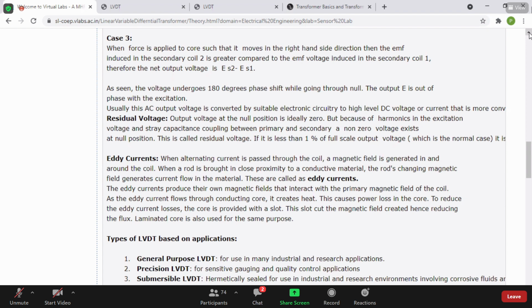Stray capacitance, harmonics and some errors in the materials all make a difference, so a practical LVDT will not give 0 volts as output. We have to control that output to become 0. The voltage coming as output when the core is at the null position is called the residual voltage.